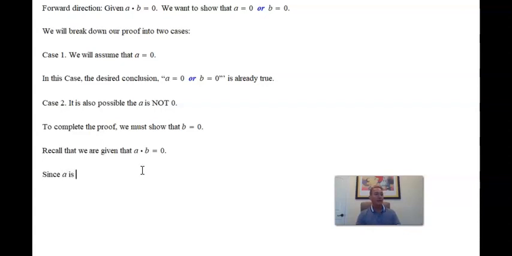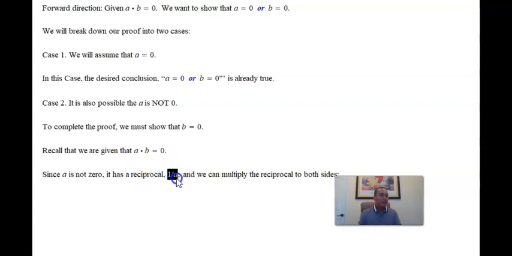Since a is not 0, it has a reciprocal 1 over a, and we can multiply the reciprocal to both sides. So we get 1 over a times the quantity a times b equals 1 over a times 0.